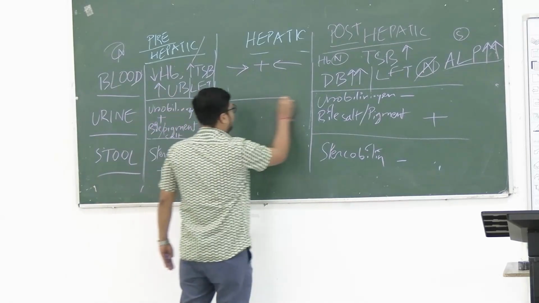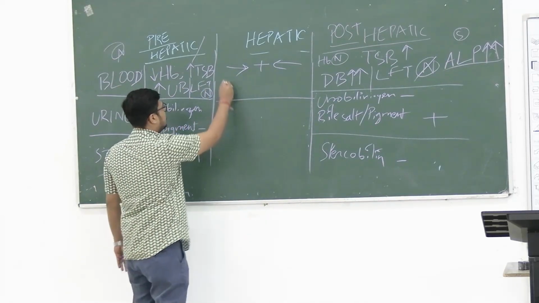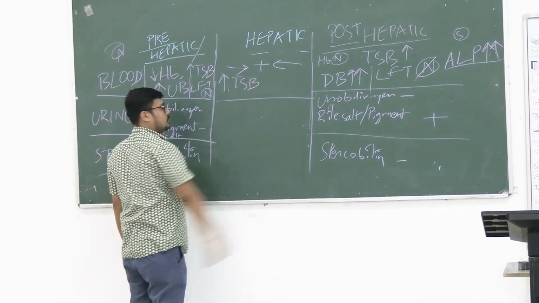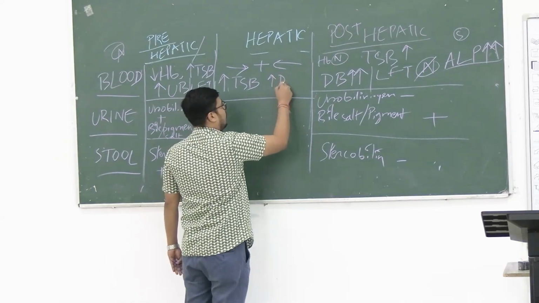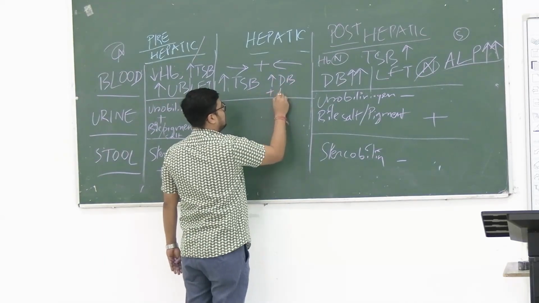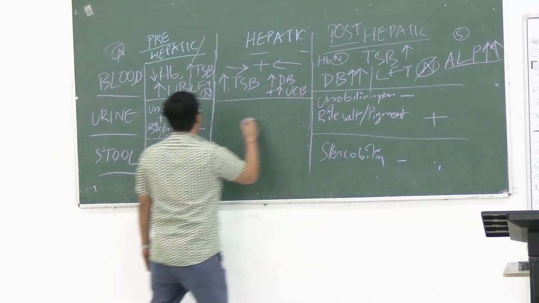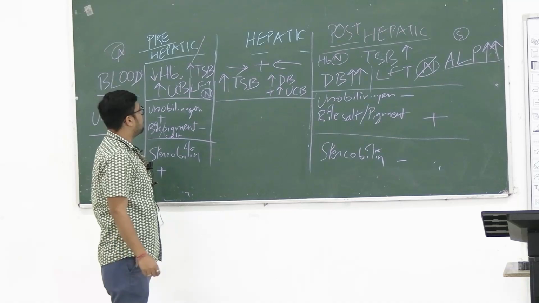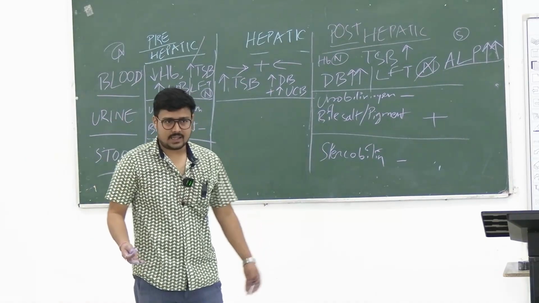The blood parameters will likely show an increase in total serum bilirubin. Okay, both direct bilirubin as well as unconjugated bilirubin will be more, and LFT will be deranged.